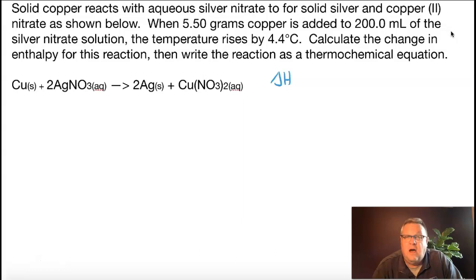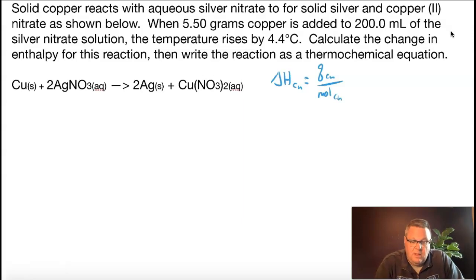If you're putting copper wire into an aqueous silver nitrate solution, the copper wire is your system, and the aqueous silver nitrate around it is the surroundings. Remember, we always do delta H from the system's perspective, so for this example, I'm asking you to calculate delta H of the copper, which would be Q copper over moles of copper.